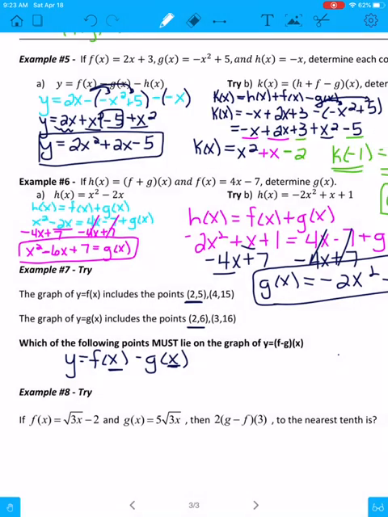So I would do y equals f of 2 minus g of 2. F of 2 is the y. So it's f of 2 is 5 minus g of 2, which is 6. So y equals negative 1. So what point must land on there? The coordinate (2, negative 1).